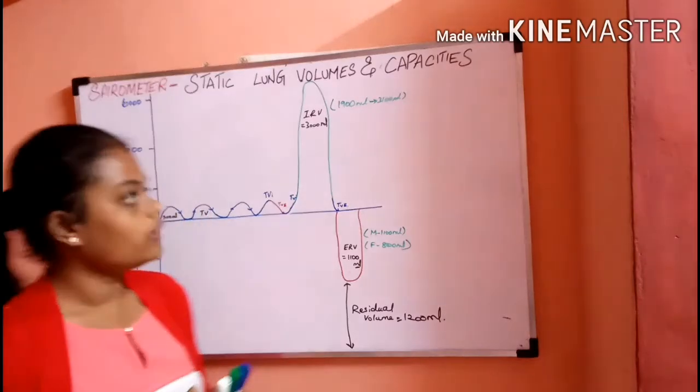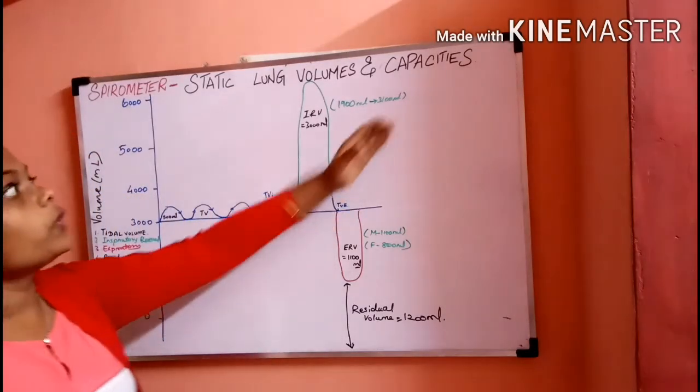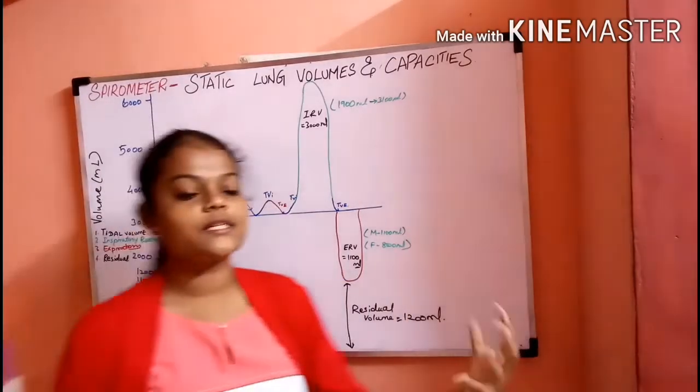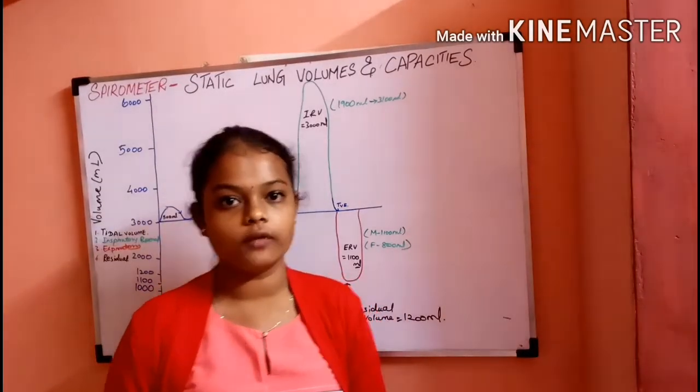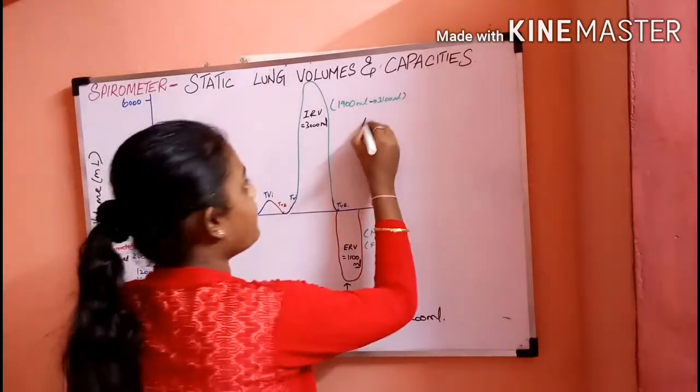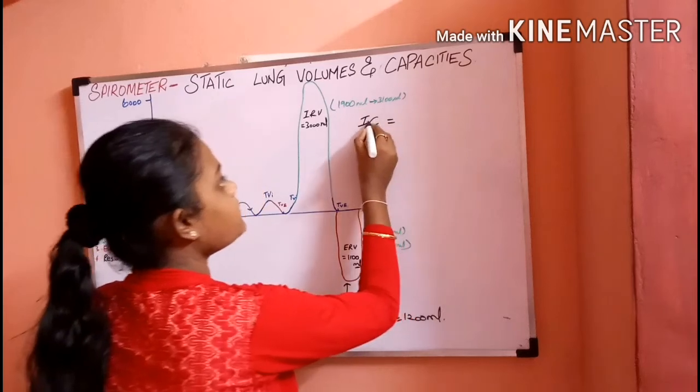Right? Okay, now we can go to the lung capacities. As I said first, the volumes together form the capacities. The first capacity is inspiratory capacity.